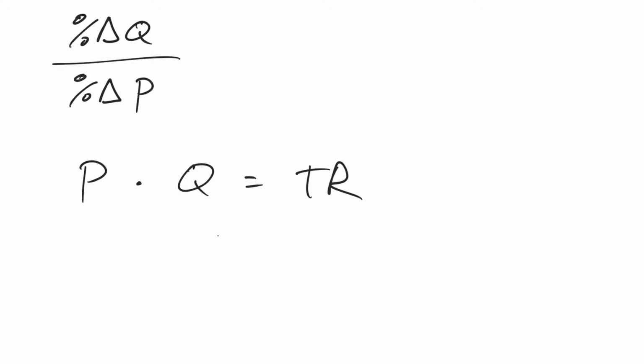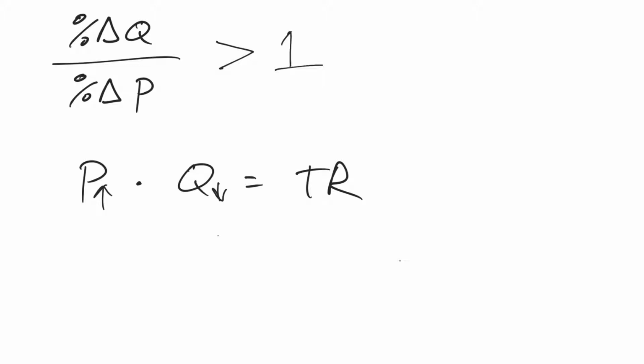Now, if the price elasticity of demand is elastic, meaning it's greater than 1, that means that the numerator must be bigger than the denominator. Therefore, price goes up, quantity goes down.